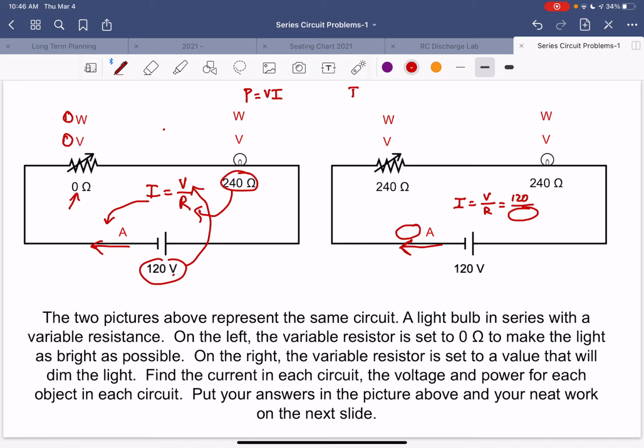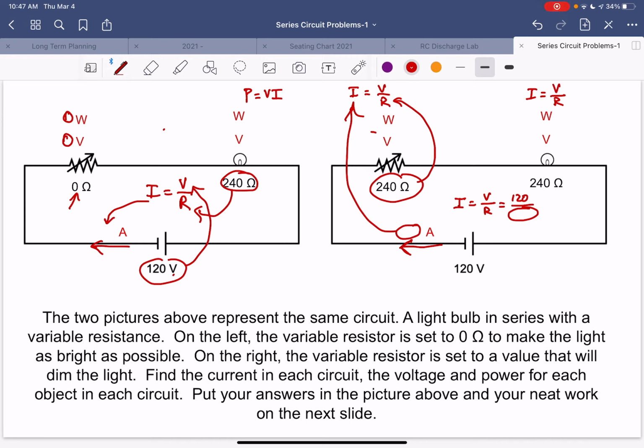Then you take that and use Ohm's law 2 more times. Once for the variable resistor and once for the light bulb. So use the same current. Now instead of using the total resistance, just use the resistance of each component.